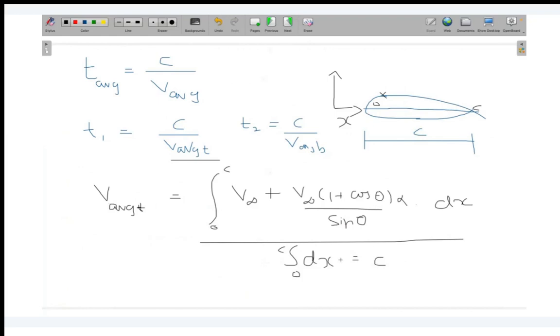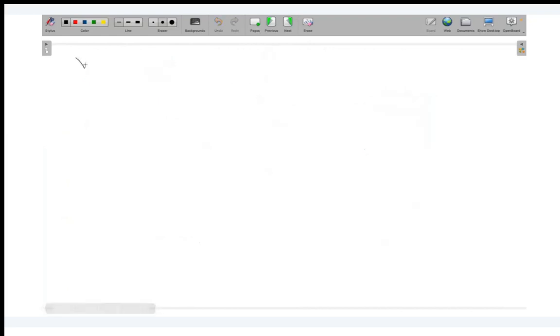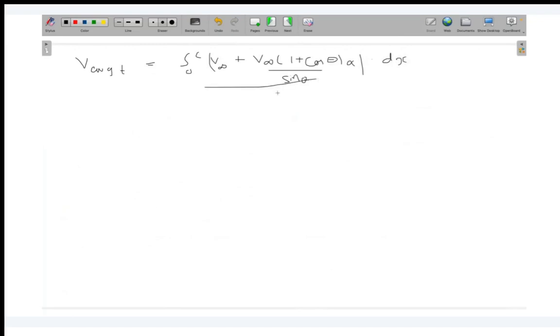All right. So v average top is nothing but integral 0 to c of v infinity plus v infinity into 1 plus cos theta divided by sine theta into alpha, whole thing into dx, and divided by c, because integral dx from 0 to c is nothing but c.